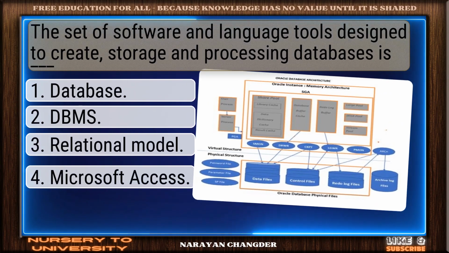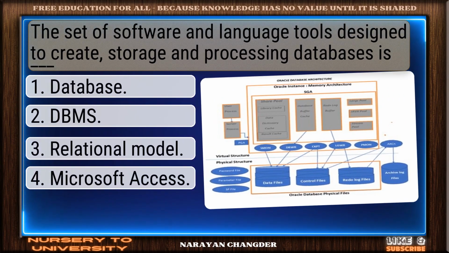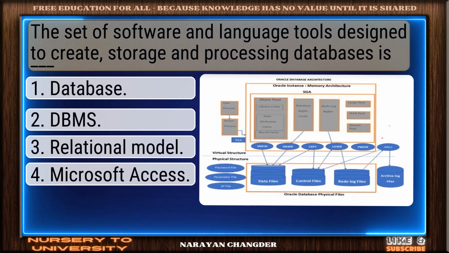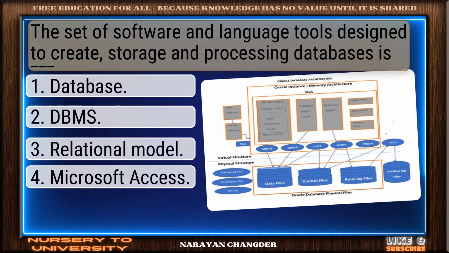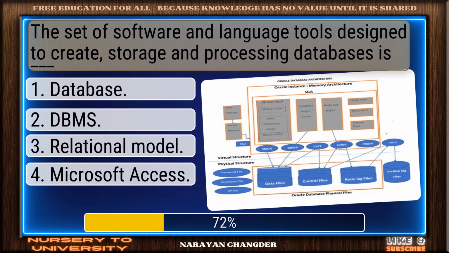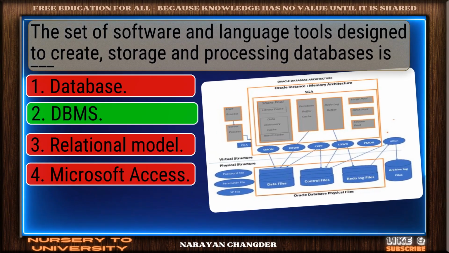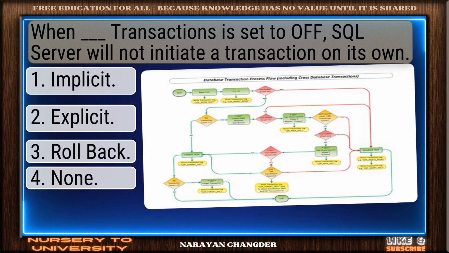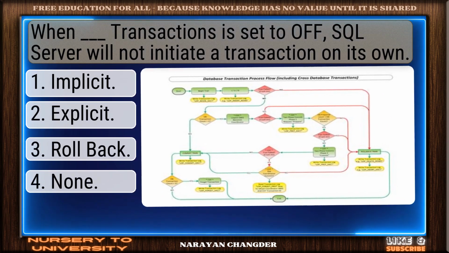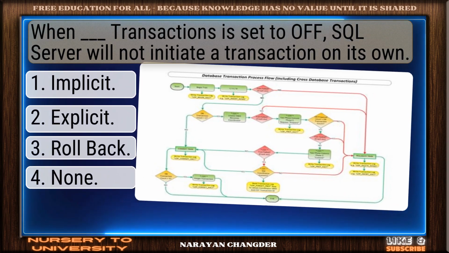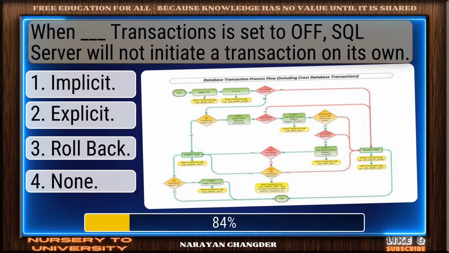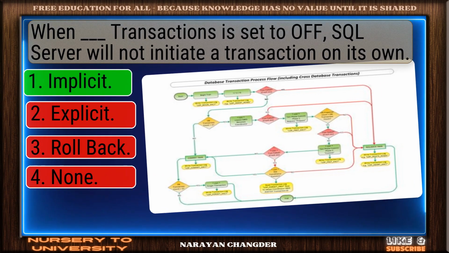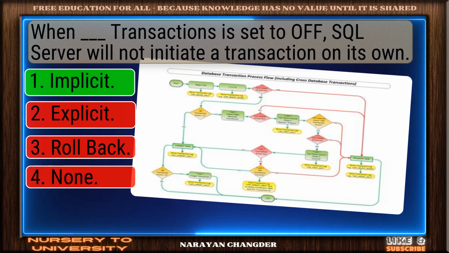The set of software and language tools designed to create, store and process databases, Dash. Perfect. DBMS is the correct choice. Question number 9. When Dash transactions is set to off, SQL Server will not initiate a transaction on its own. Smart pick. Implicit is the correct choice.